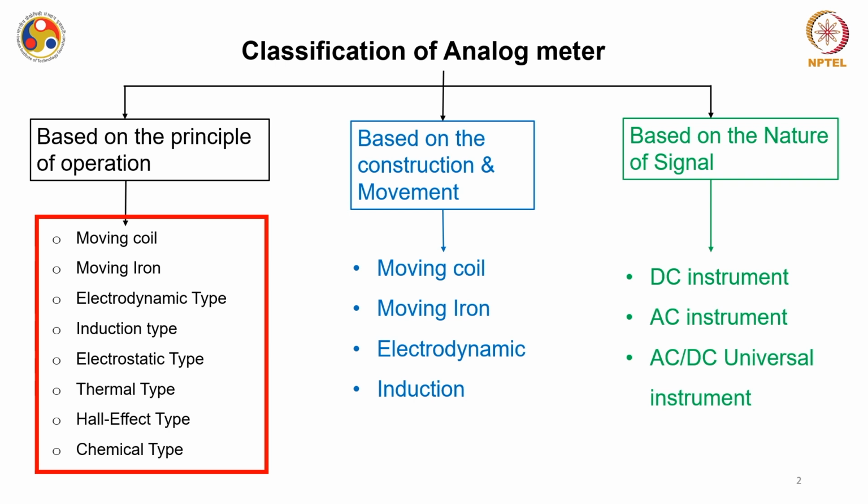But for some of the analog meters, the name, like moving coil, does not make it very clear what kind of principle it is based on. We will discuss these analog meters in more detail in the coming weeks, but it's very important to understand the principle of operation of these devices.